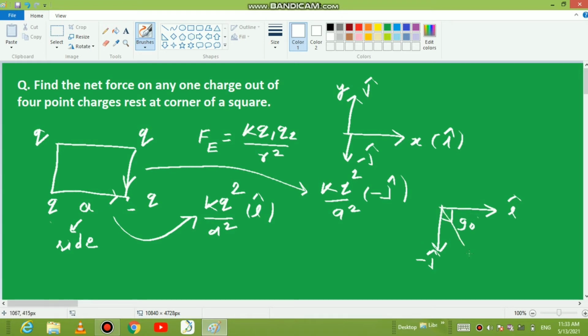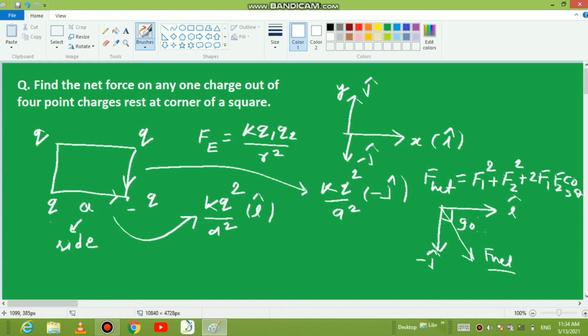So the resultant force is given by F net is equal to the square root of F1 square plus F2 square plus 2 F1 F2 cos theta.